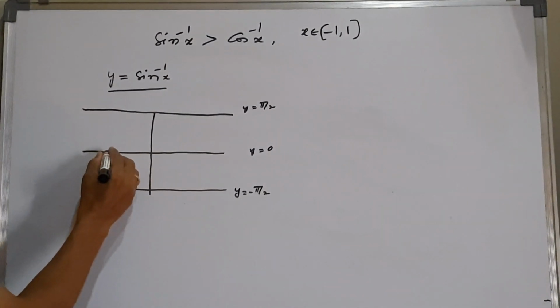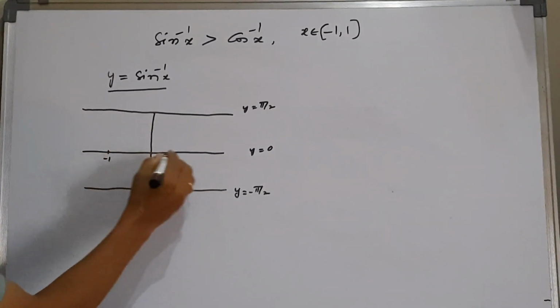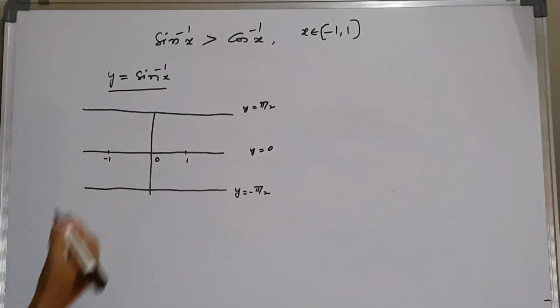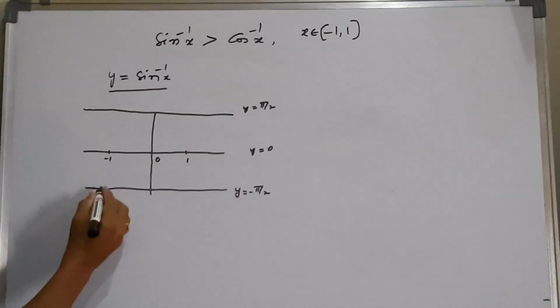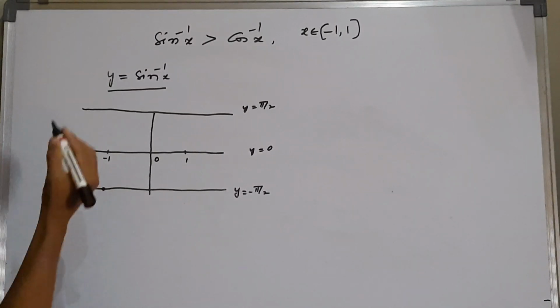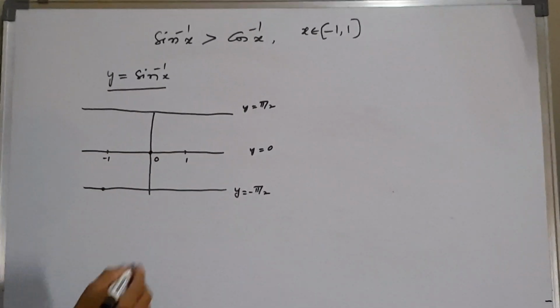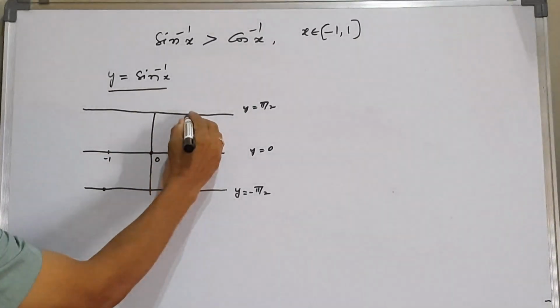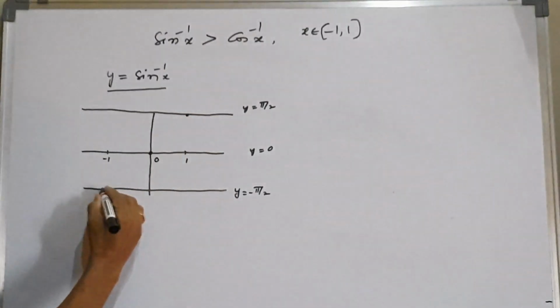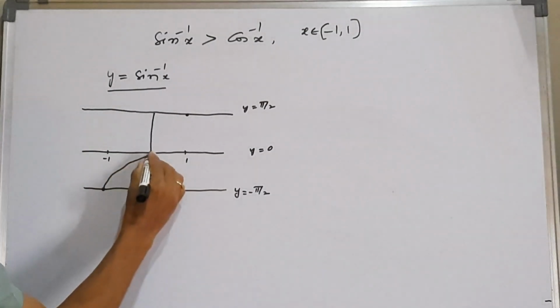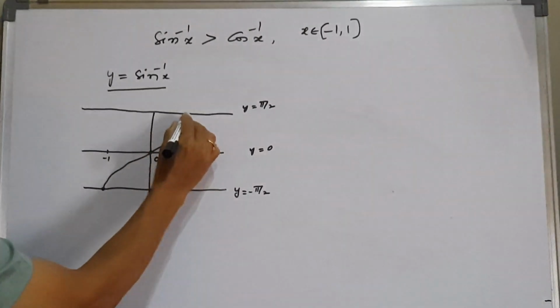It is clearly defined between minus 1 to 1. So at minus 1 the value is minus pi by 2. At 0 the value of sin inverse x is 0, and at 1 it is pi by 2, and it is an increasing function. So the graph will come like this.